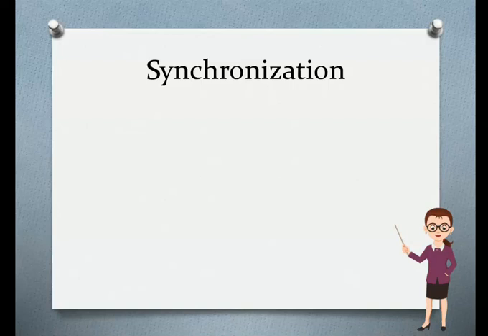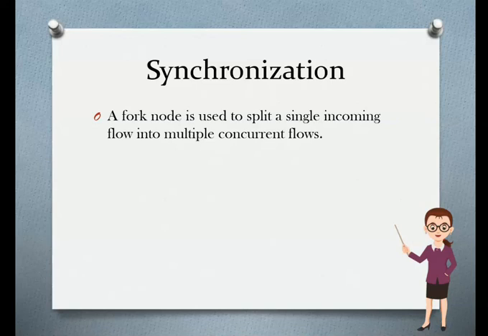Concurrent activities can split into several activities or join and merge into the same action. In the activity diagram, concurrent activities are represented with the help of forking and joining. So fork and join in the activity diagram are used to represent synchronization.